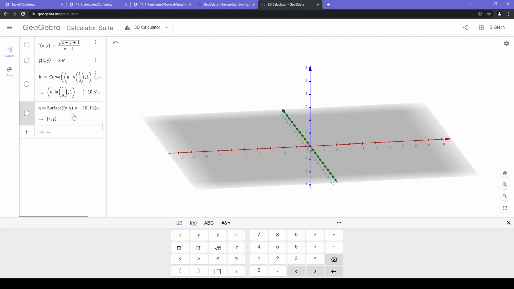Sorry, I don't use GeoGebra quite as often as I use some of these other tools.